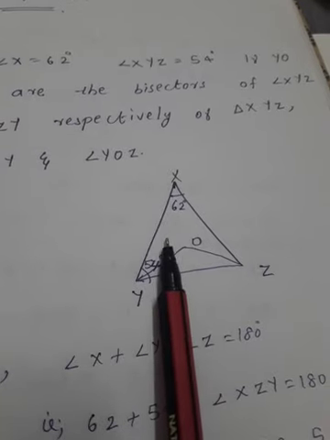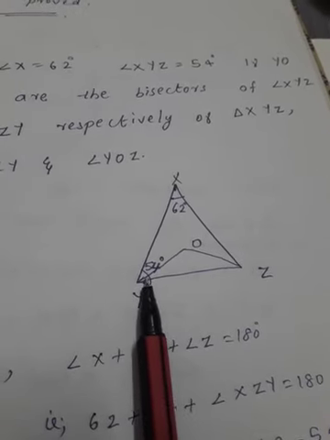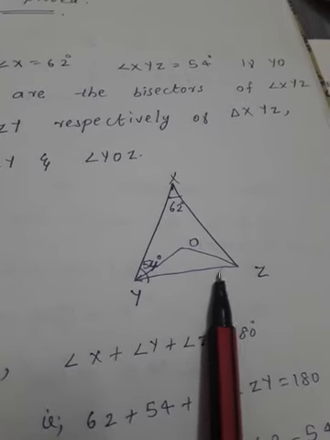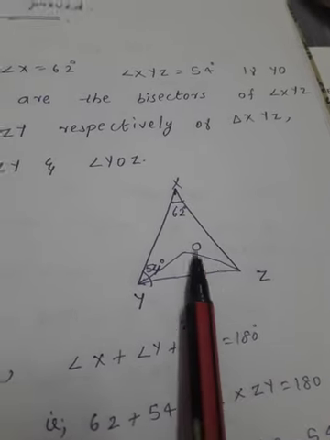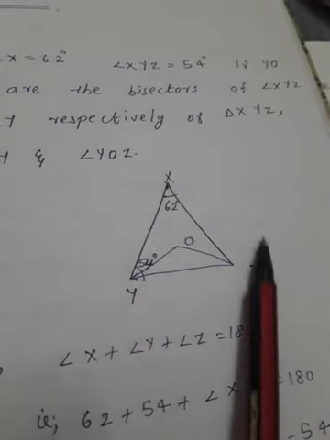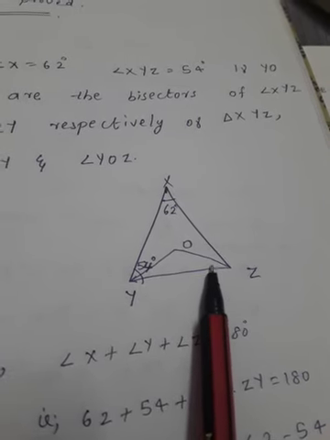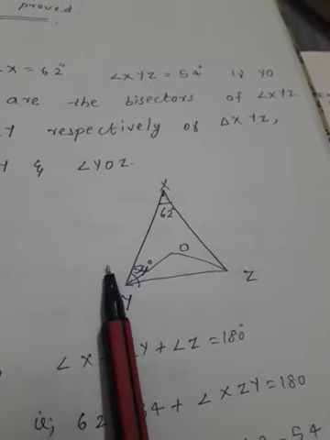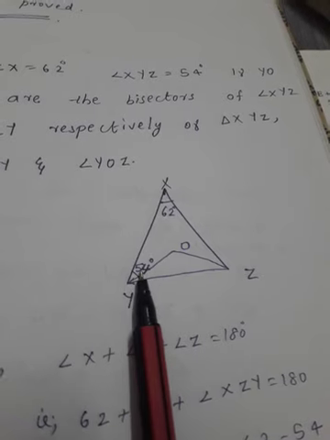Then we know that YO is the bisector of this angle and ZO is the bisector of this. So whenever we get angle Z, the total angle XZY, what will be the small angle? It's half. This is also half of XZY. Same way here, XYZ is given as 54.